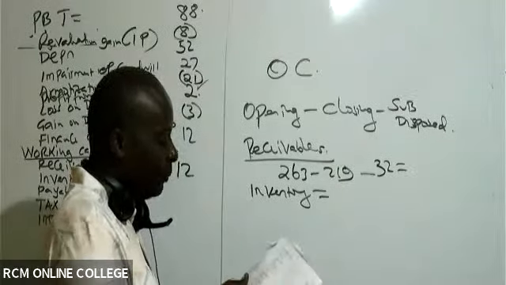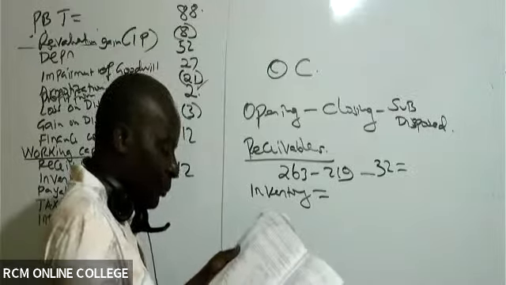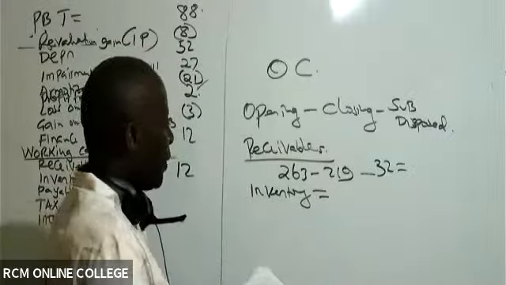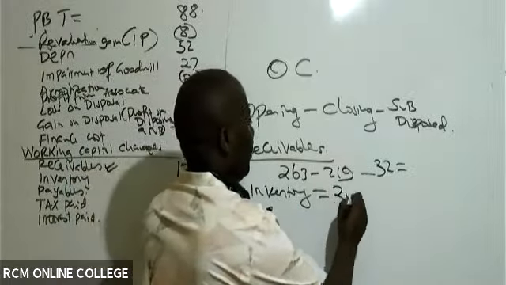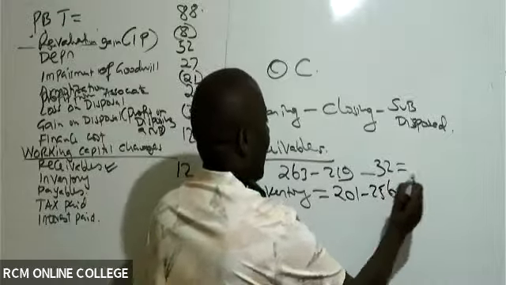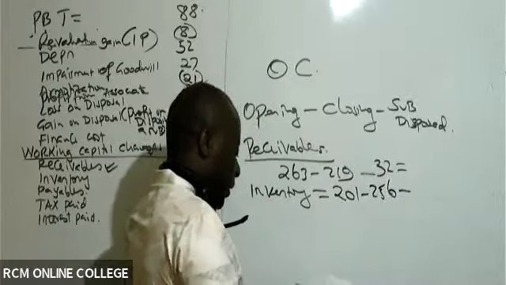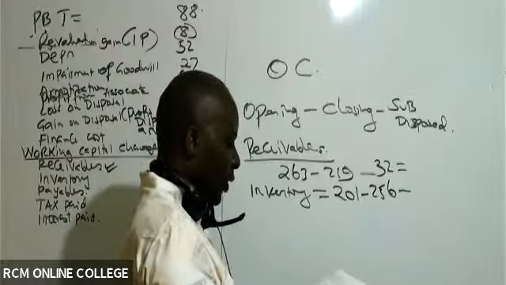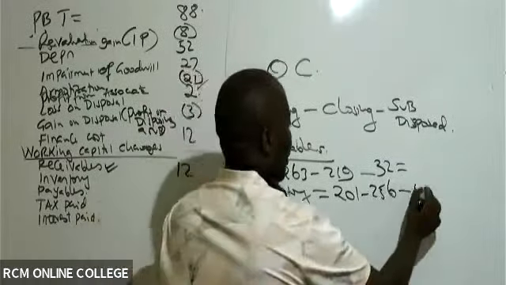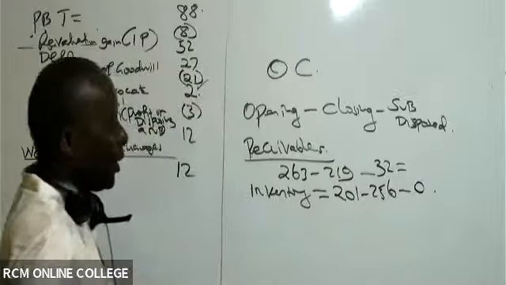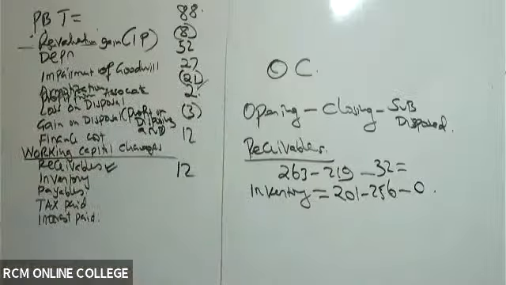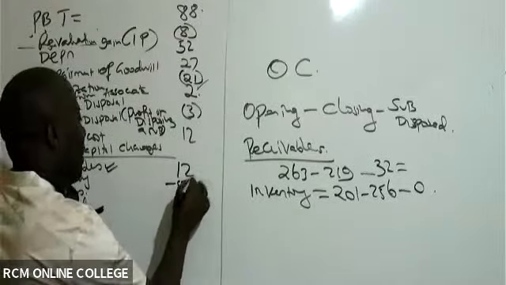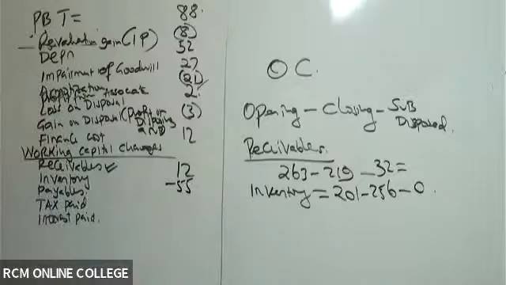How much do we have there? Yeah, 201, 256. Minus the disposed subsidiary, it doesn't have any inventory. No inventory there, 0. So then this will give me what figure? Minus 55. You bring it with a sign without reasoning.